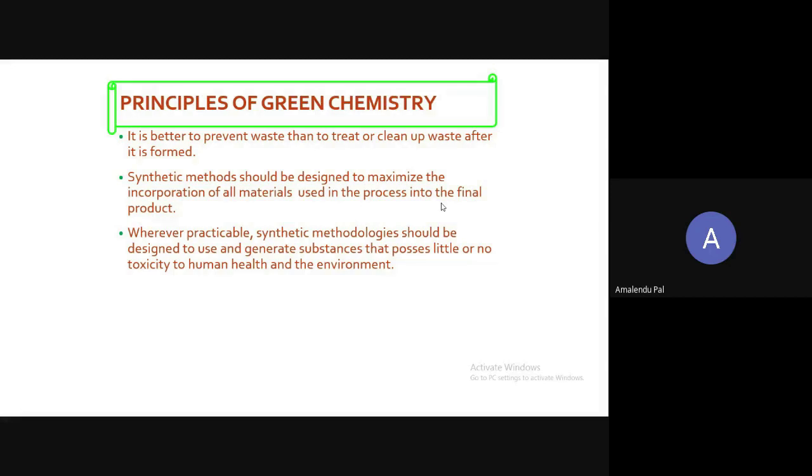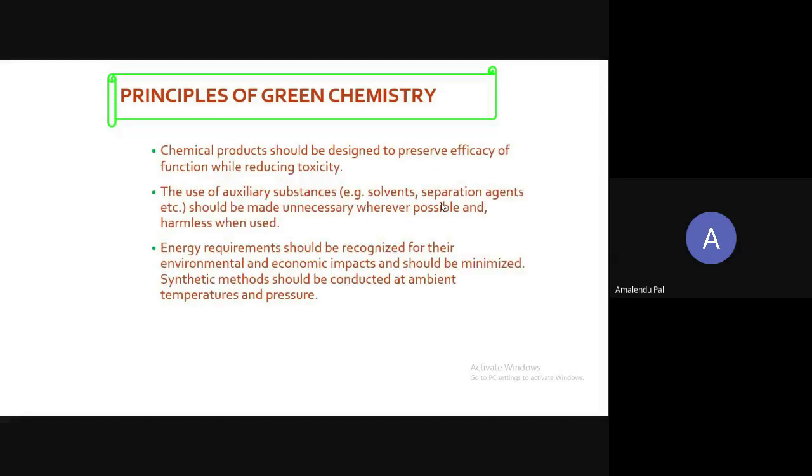And whenever practical, synthetic methodology should be designed to use and generate substances that pose little or no toxicity to human health and the environment. So we have to adapt synthetic methods in our lab so that there are no environmental or human health problems.